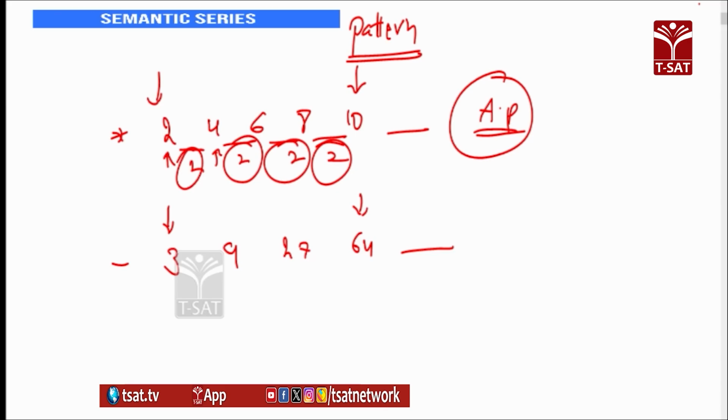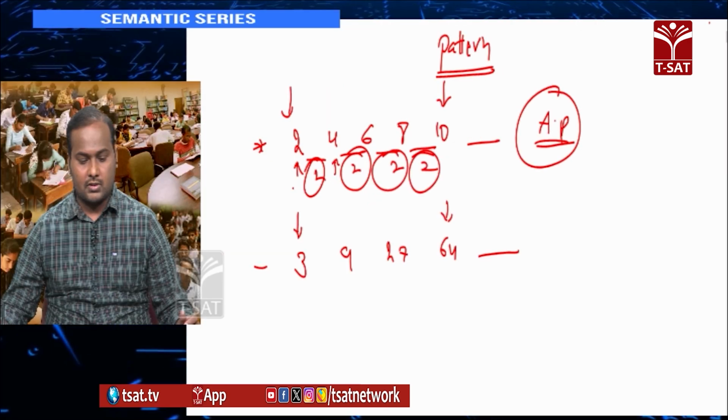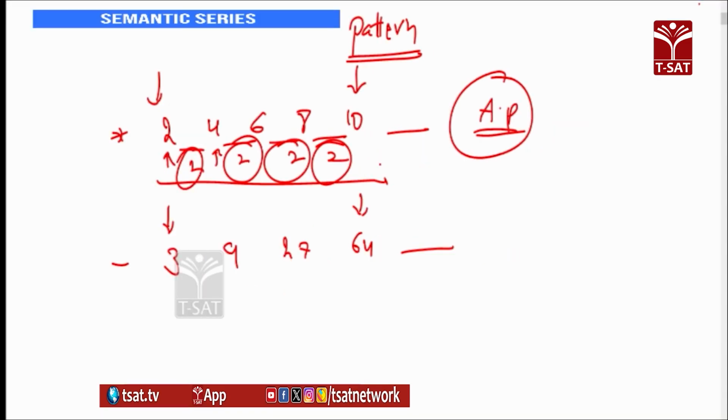So whenever the increase is very small, in the first case we are going to take the difference, and in the second case, whenever the initial number is 3 and the final number is 64, it's a huge jump. Obviously we can say it is in terms of multiplication. Simply we can say it is in the process of GP, geometric progression.